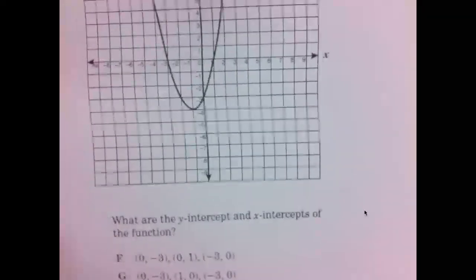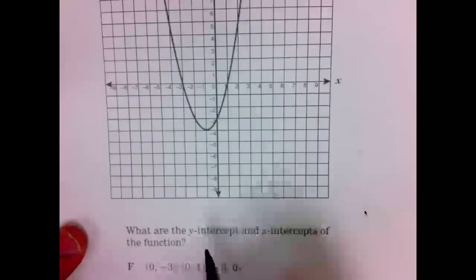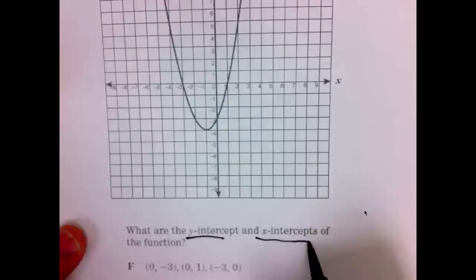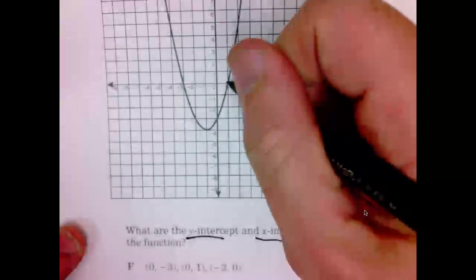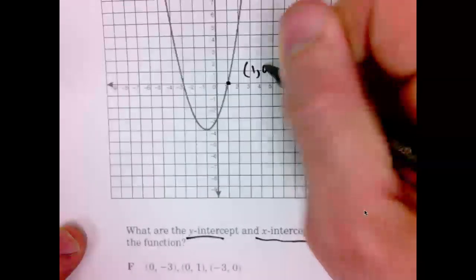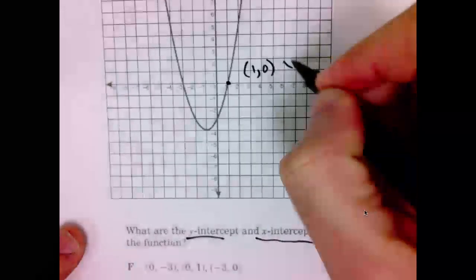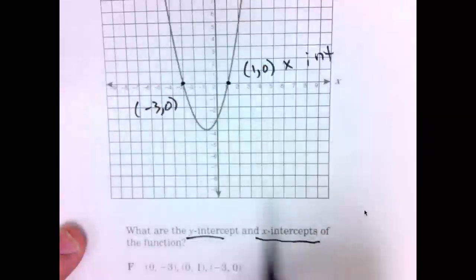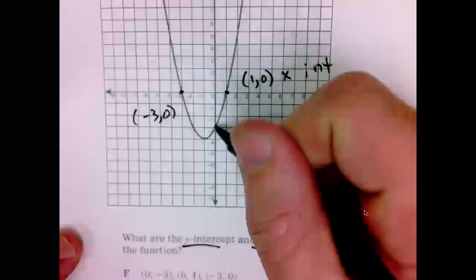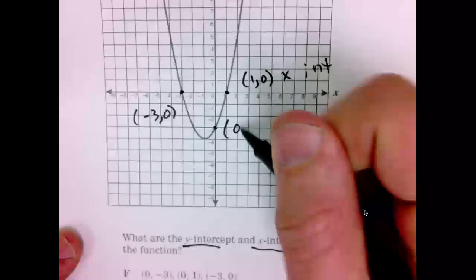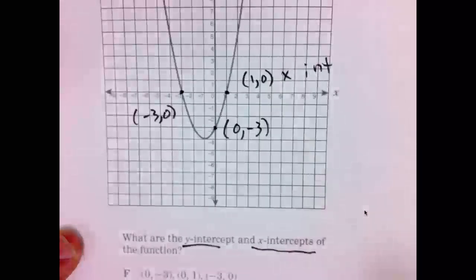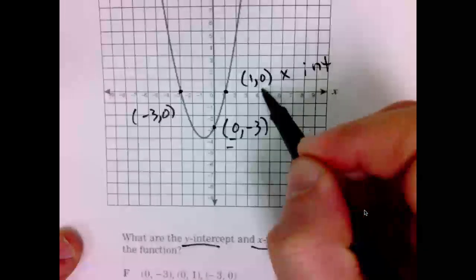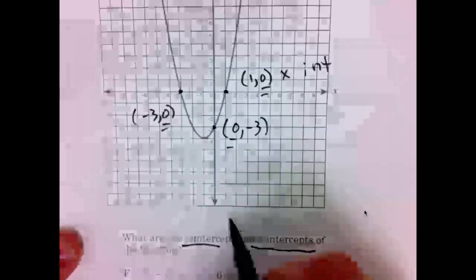Number 3. We're looking for the y-intercept and the x-intercepts. Here's an x-intercept, 1, 0. Here's another x-intercept, negative 3, 0. And here's the lone y-intercept, 0, negative 3. Notice at the intercepts we always have a 0 involved.